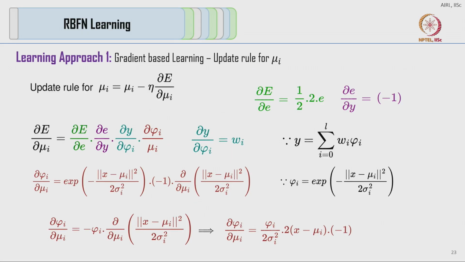Now let's do the same thing for the center of a Gaussian, which is nothing but mu I. What is the update rule?